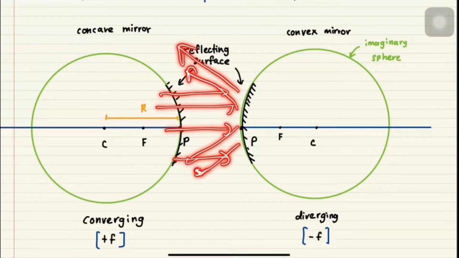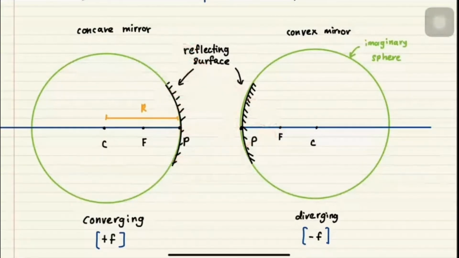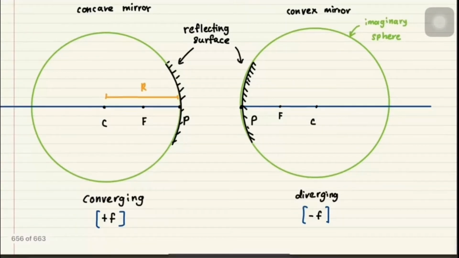Before, rays were reflected to the focal point; now they are reflected off the focal point. That concept is a diverging surface. This one is obviously opposite to the other, so it is negative F. Even if you don't have to draw, we need to know which one is positive F and negative F.